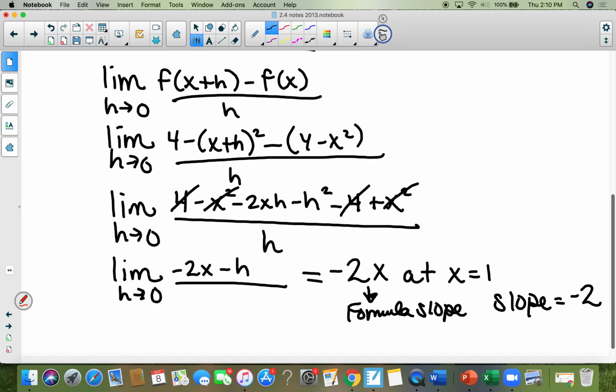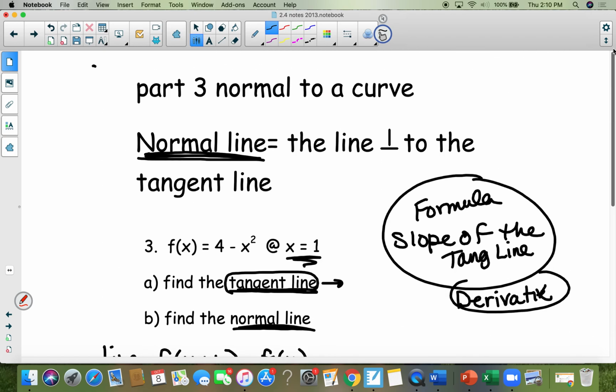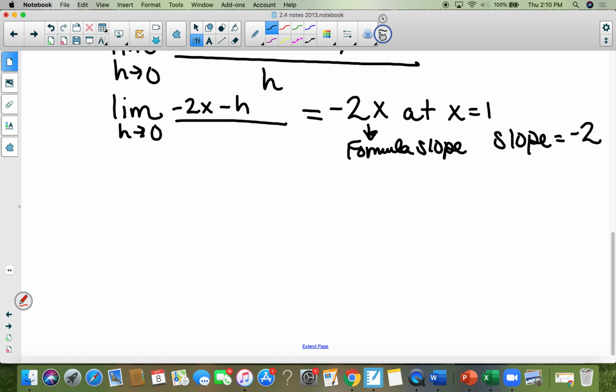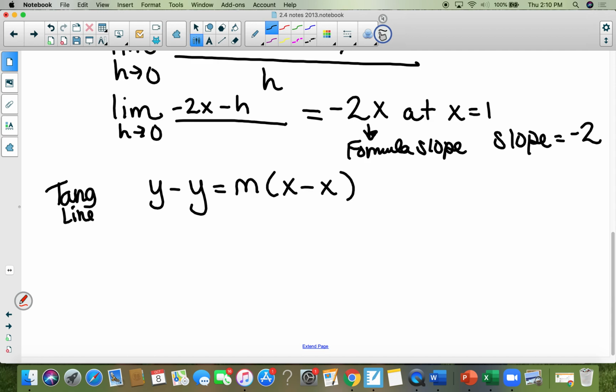We found the slope. They want you to find the what? Well, they want you to find the tangent line. They want the actual line. So what we have to do is y minus y equals m times x minus x. And do you know where you got that from?